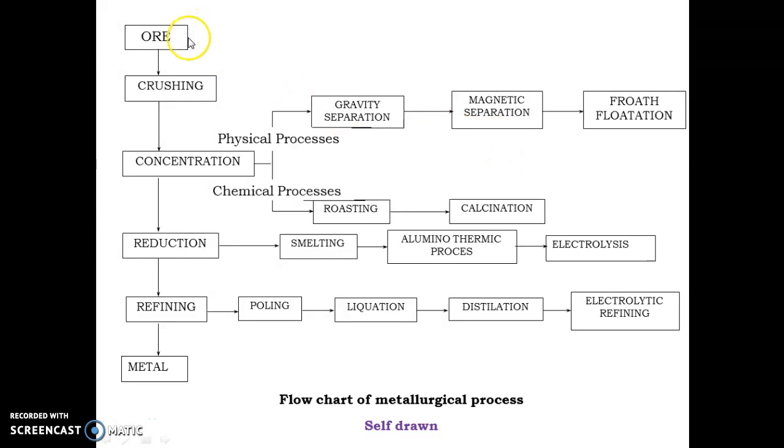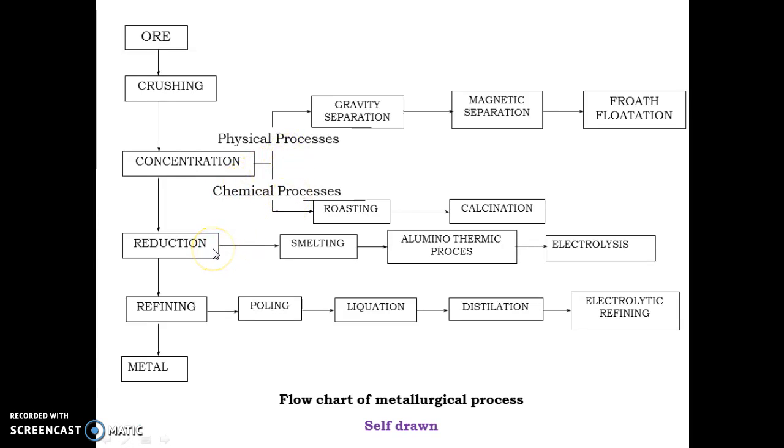We see that a metal can be extracted from the ore through different processes like crushing, concentration, reduction and refining. If we take the ore, we first crush it in a jaw crusher, then we make a fine powder. This fine powder is taken into the concentration chamber. In the concentration, all the impurities get removed by physical as well as chemical processes.